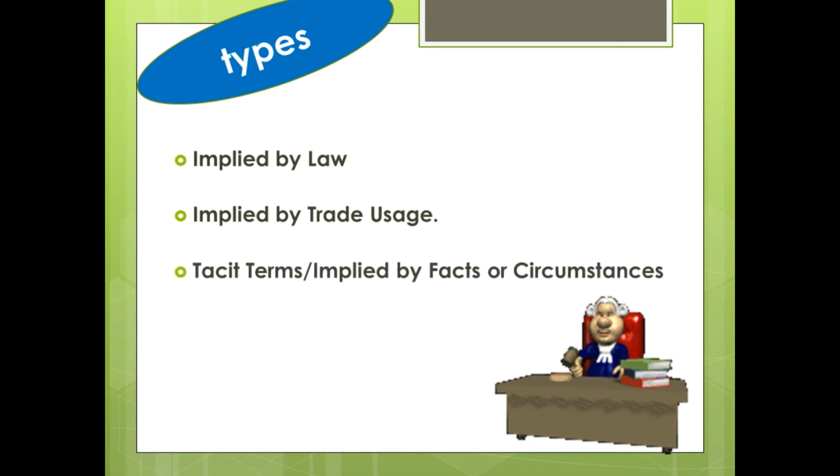Then the third one is those that are tacit terms or implied by facts or circumstances. This is derived from the common intention of the parties, but not expressly highlighted in the contract.